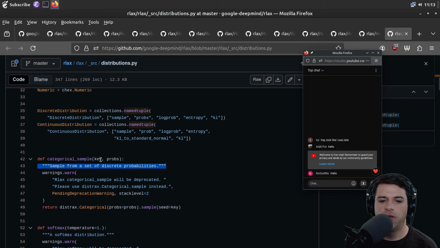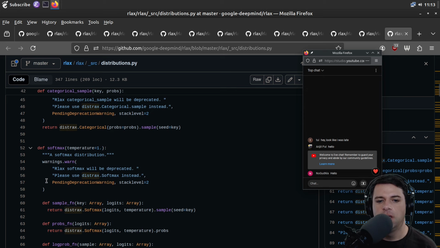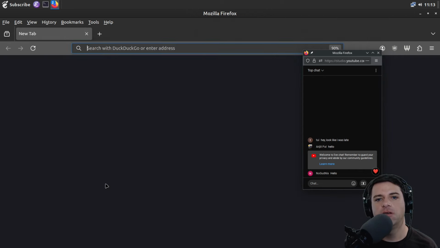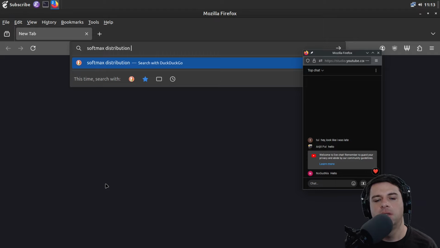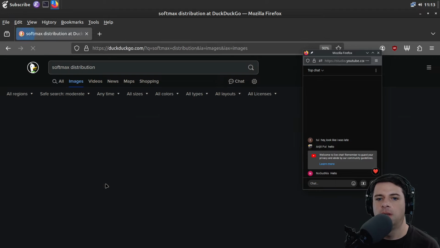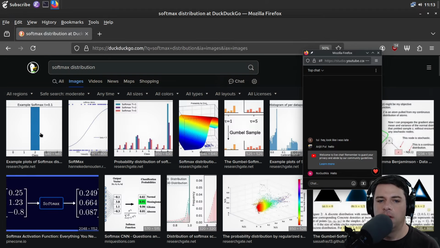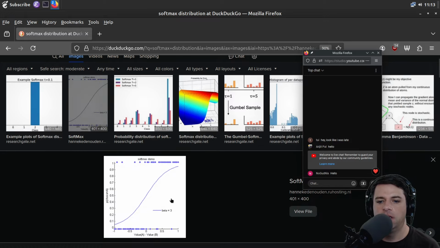You can sample from a set of discrete probabilities, I guess using distrax. This is probably a softmax function. It's got a temperature of 1. A softmax distribution. Is there a softmax distribution? So that's the softmax function.